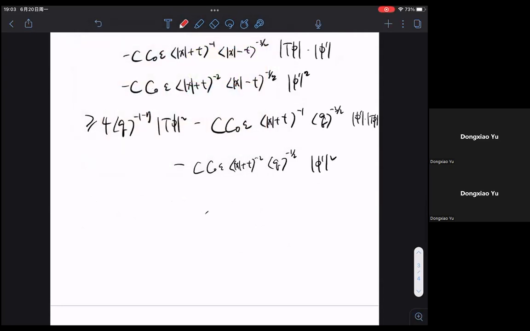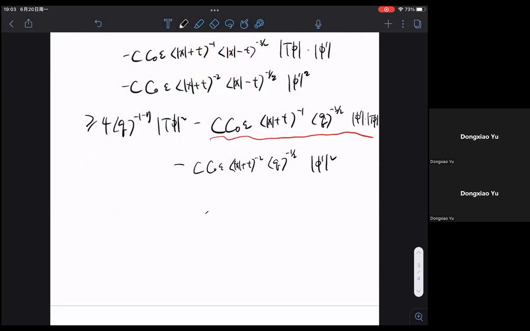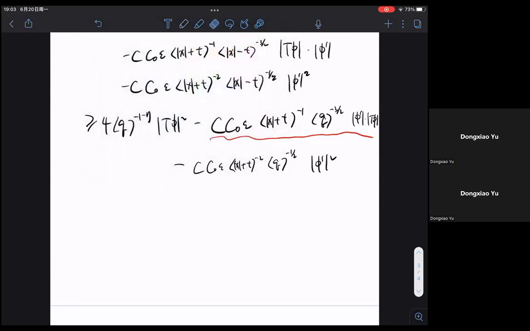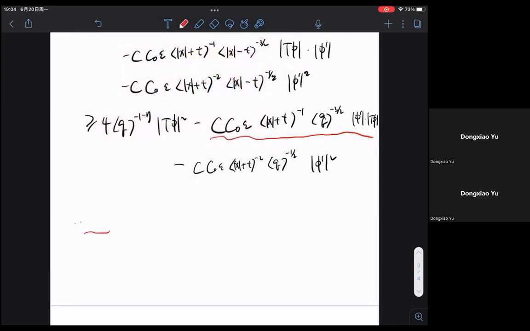That is, this red underlined part without this negative sign is controlled by, so I expect that the first term is controlled by this term. So I can write something like q^{-1 minus eta} t φ square.